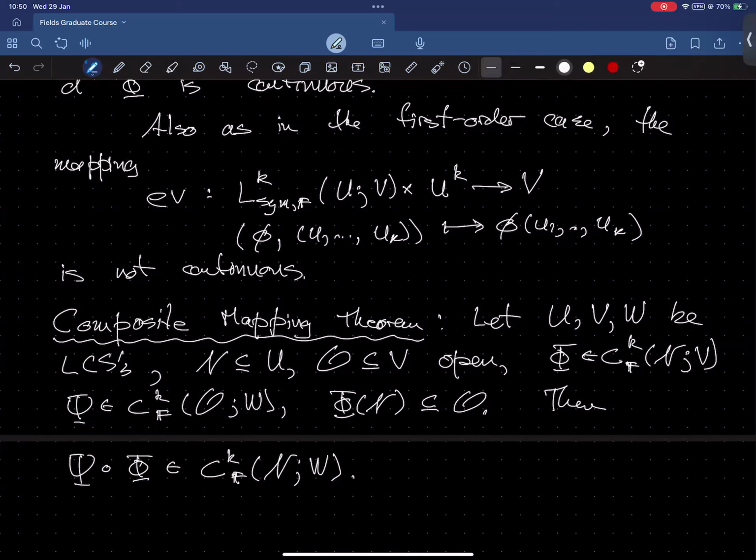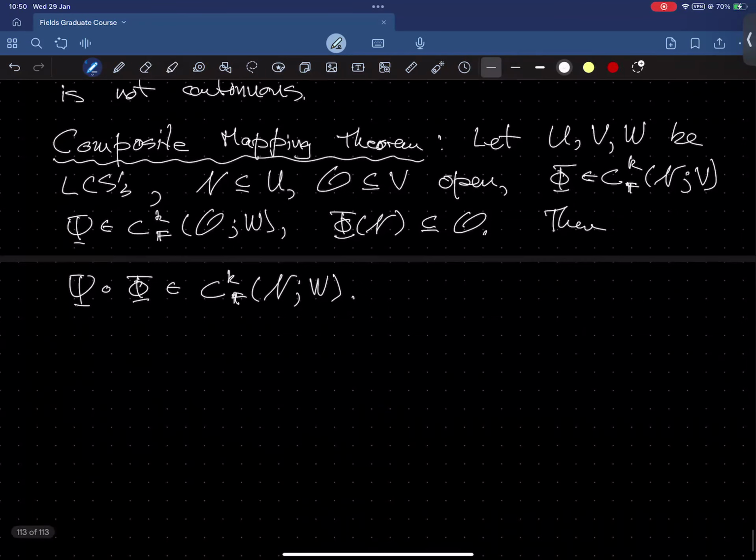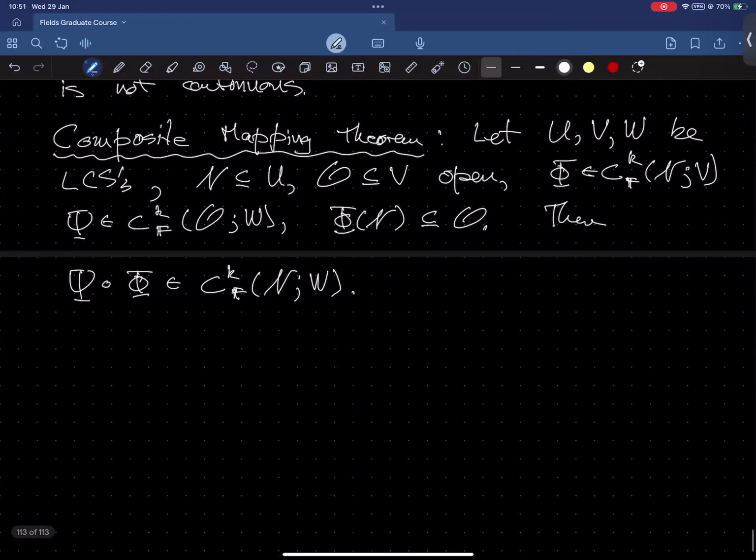Okay. So I will prove this, because I think it's a useful illustration of how you use our definitions of class CK. And it's not too long and tedious. All right.